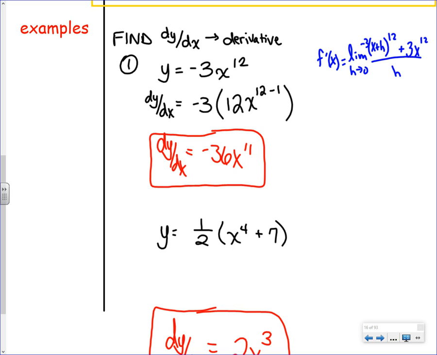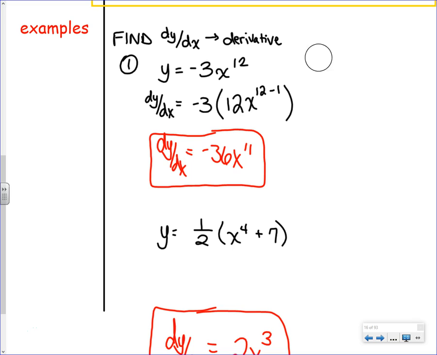Ooh, you guys were scared of the cube on the 12. You have to go down and hopefully by this point you would be definitely doing Pascal's, right? And not just giving up, my slackers. You have to go down to the 12th row. Well, technically 13th if you count the first one. Get all the coefficients. You would cancel out just one little guy. Pull out all the H's. Yeah, okay. Do we like the power rule? Yeah, let's keep doing the shortcuts.